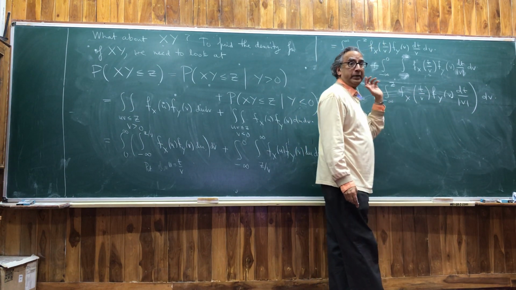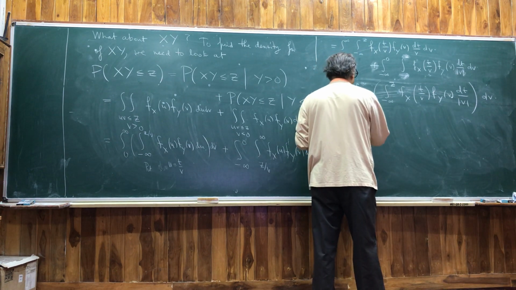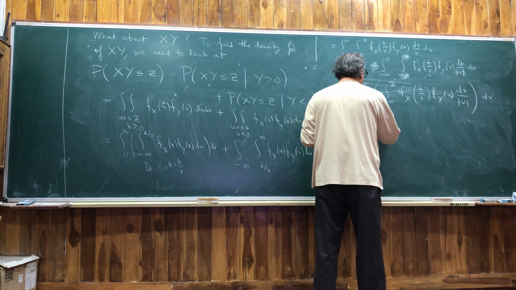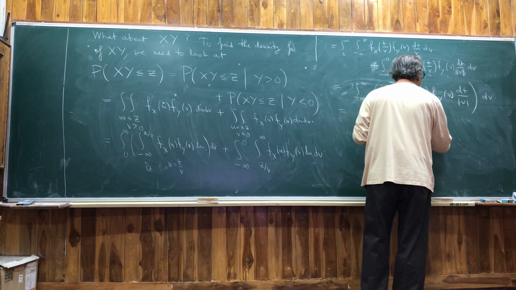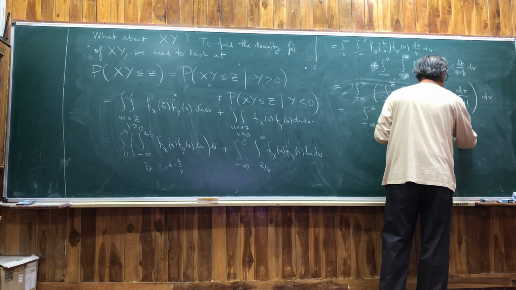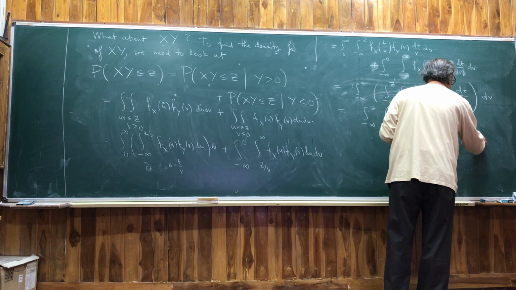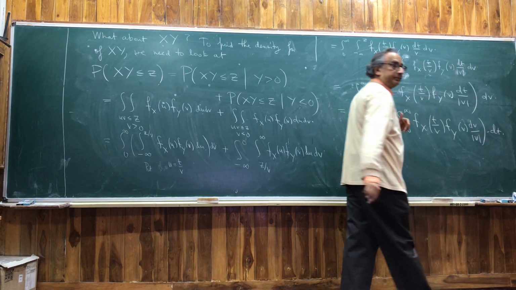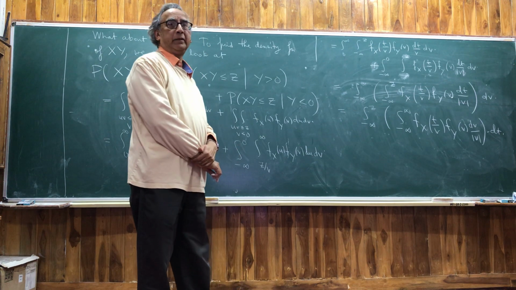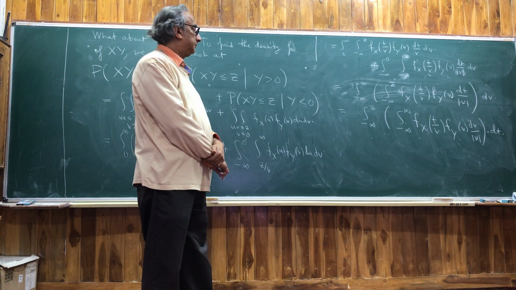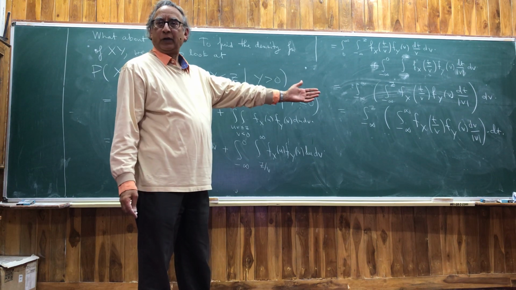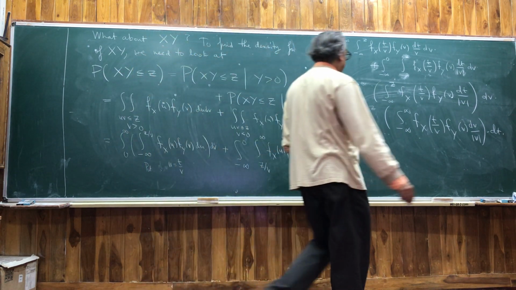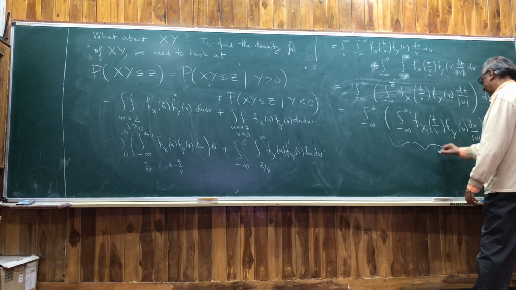I can apply Fubini's theorem, and I realize that this is equal to the integral from minus infinity to z of the integral from minus infinity to infinity, f sub x of t over v, f sub y of v, dv over mod v, dt, by the Fubini business. And so whatever is the integrand is the density function. So this has to be the density function.